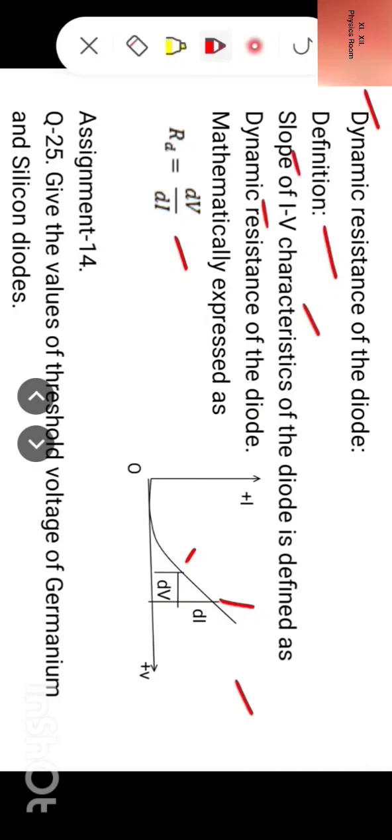Draw perpendicular from these points on x-axis and also draw perpendicular from this point to this point, and then calculate dV and then dI. Then we will substitute in this formula Rd = dV/dI, and we will have the dynamic resistance of the diode under forward bias conditions.